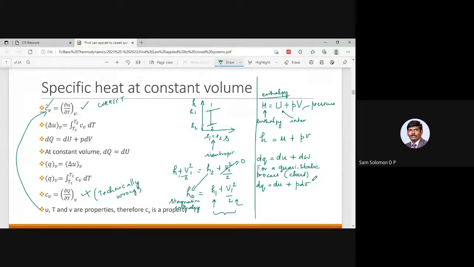Now I have written everything in terms of small letters, so I'll make this w also small. Now please pay your attention here. I'm just going to make a small rearrangement with reference to this pdv.